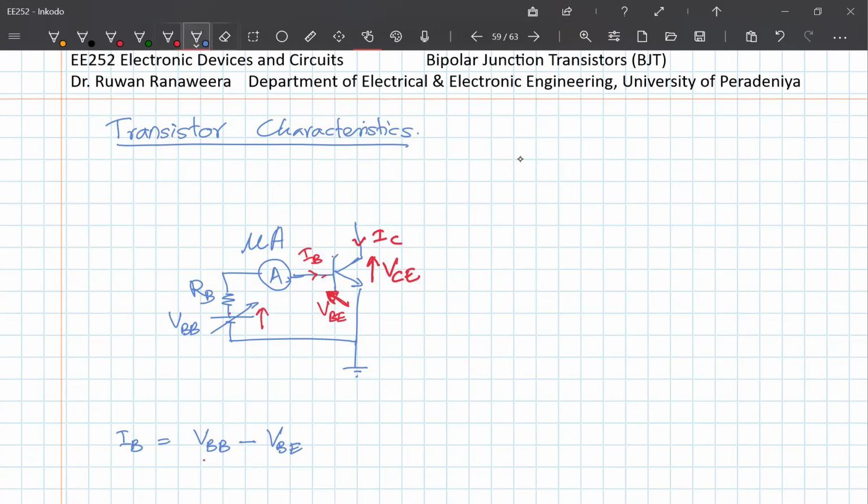Because the microammeter's internal resistance is very small, you can express it like this.